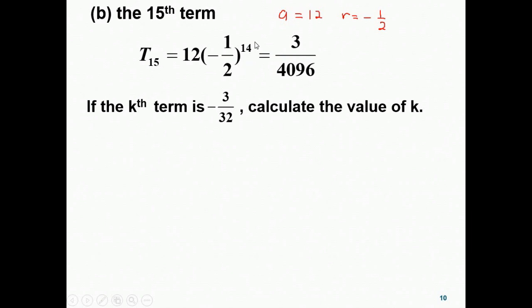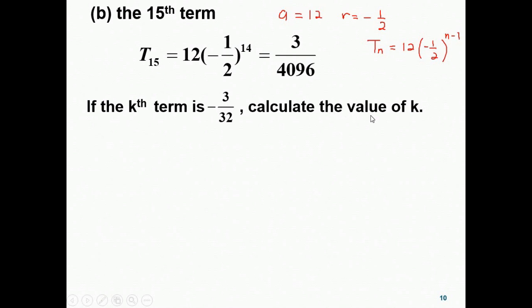Remember the formula for Tn equals 12 times -1/2 to the power of n minus 1. So T50 is equal to 12 times -1/2 to the power of 49.